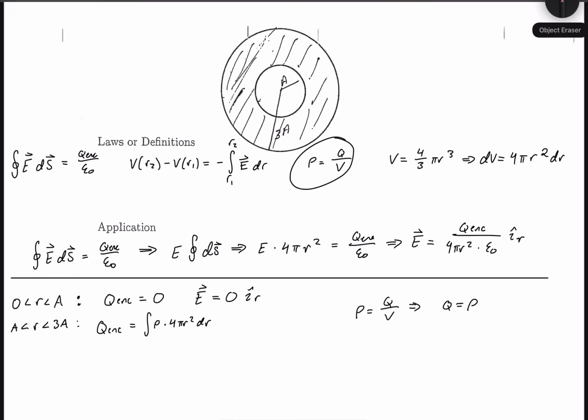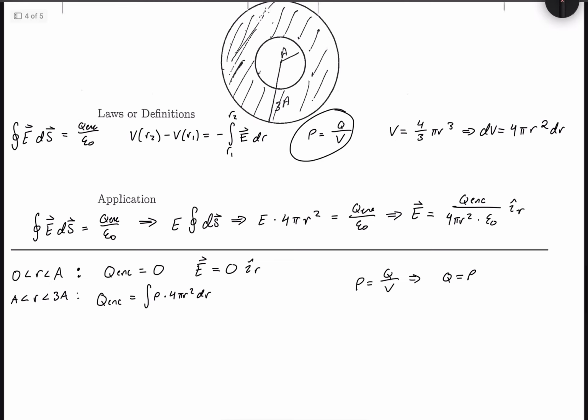We're accumulating charge as we move away from radius A to 3A, because the Gaussian surface is growing in radius as you go from A to 3A.